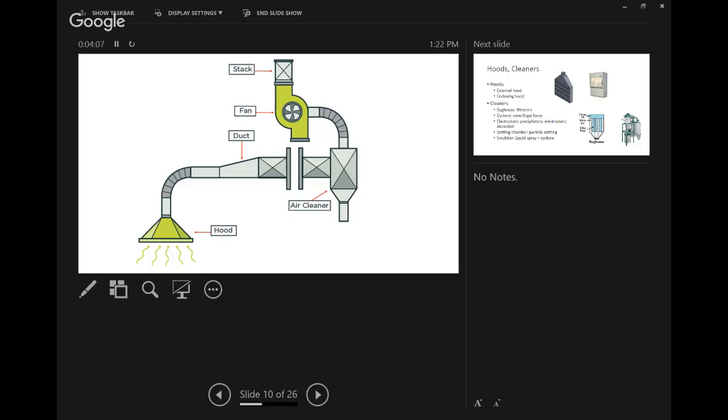This is showing an axial fan, but I do have a centrifugal fan I should have brought in just to show. Maybe we can, if there's enough time, on the way to the chemistry lab. But anyway, it'll push it out, and you'll have a stack or something to emit that.